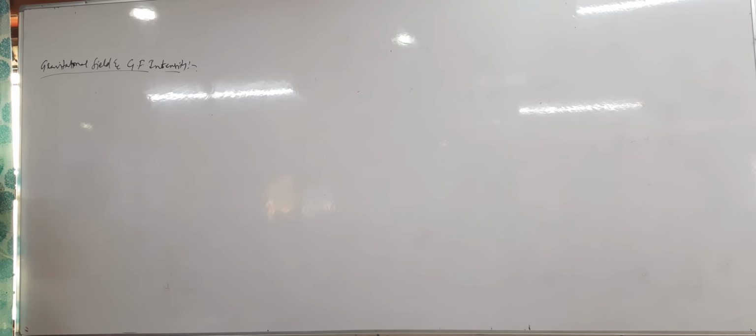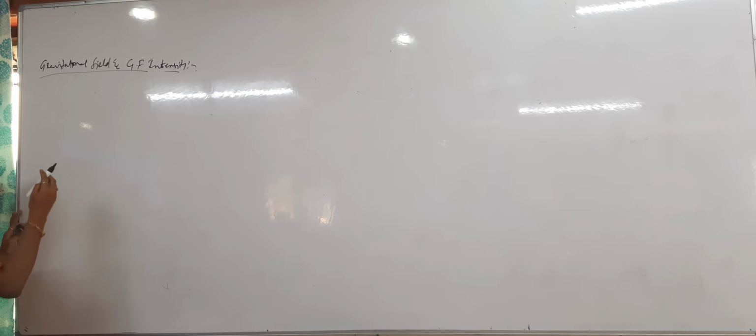So what do you mean by gravitational field? It is just related to the electric field. Whenever you see the electrostatic force is F, then what is the electric field? Force per unit charge. The force acting on the unit test charge we call the electric field intensity.